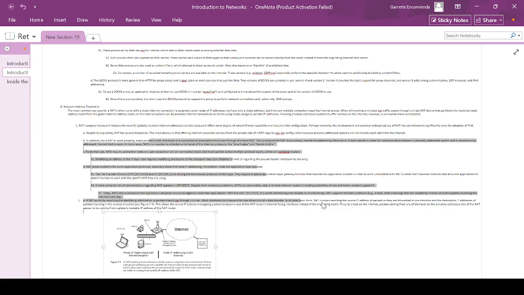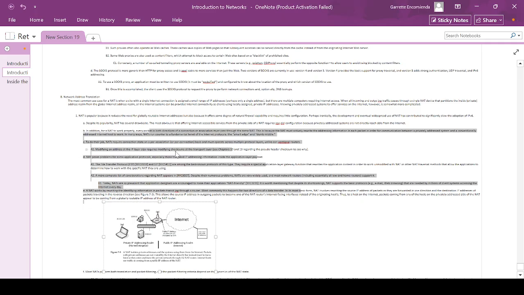So those are the different configurations, and one of its basic properties as well is that it has a memory that maintains the connection state. We touched on this in the previous video as well. Per connection, modifying an address at the IP layer also requires modifying checksums at the transport layer.